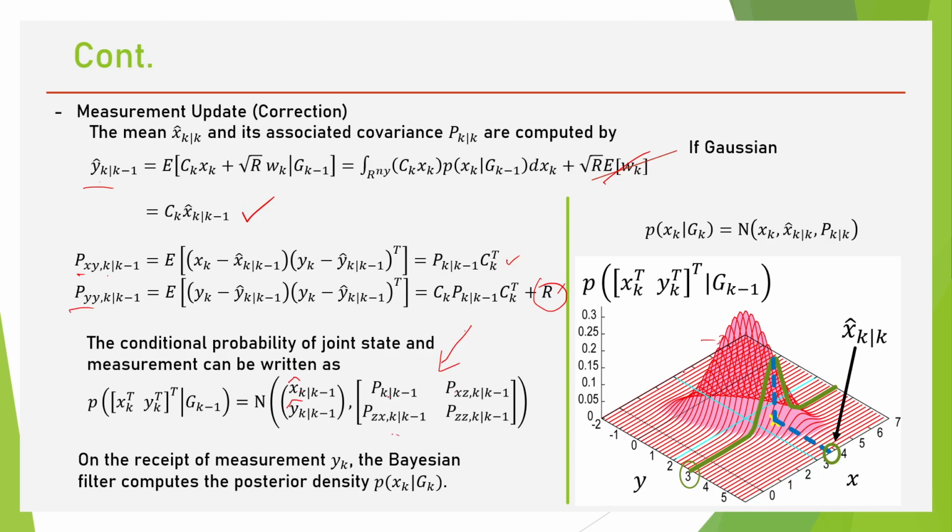Then upon receipt of the new measurement yk, with y given, we find the best estimate h such that the probability density is the highest. Upon the new measurement yk, we compute h hat and the updated covariance of the green one.